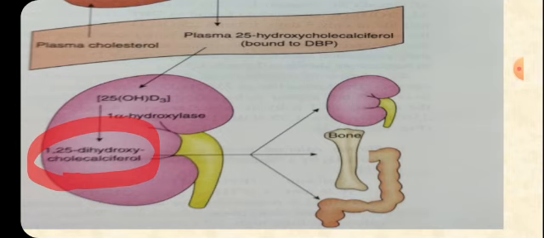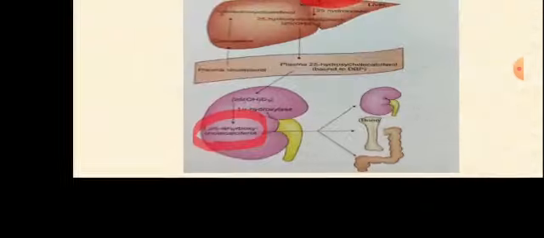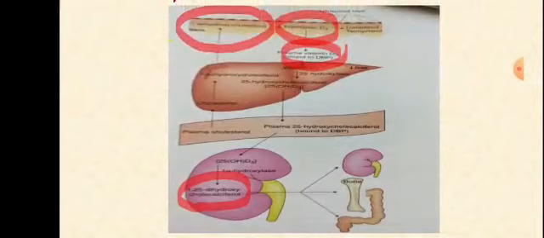This is a regulatory mechanism to control the active form of vitamin D3 in blood. Whenever the level of vitamin D3 needs to be reduced by some feedback mechanism, the 24,25-dihydroxy D3 level gets elevated. In contrast, the 1,25-dihydroxycholecalciferol level gets reduced. That we will be discussing in subsequent slides.